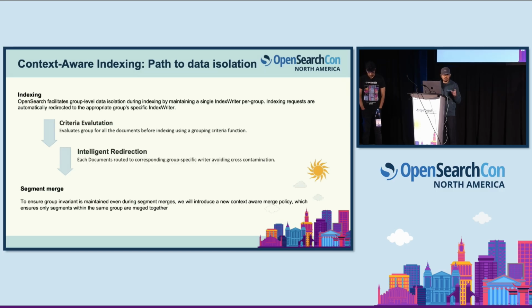This new merge policy will consider whether a new merge can be triggered only for the segments which belong to status code 200 or which belong to status code 400, and the new merges that get triggered will be specific to that particular group and independent of each other. By doing this, we ensure that the group invariant that we introduce during indexing is maintained even during segment merges.